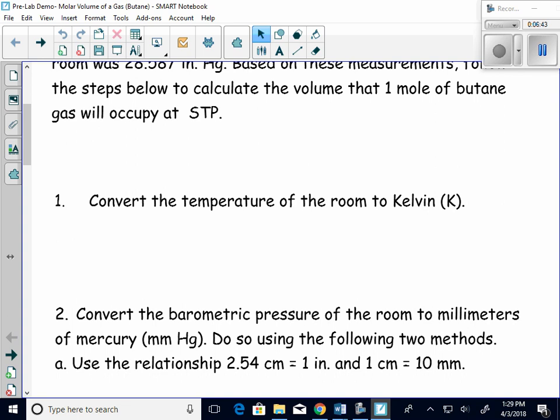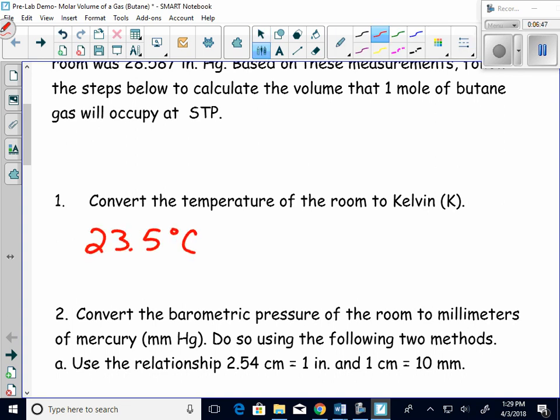Well, it said that we had 23.5 degrees Celsius, right? How do we get that to Kelvin? We add 273.15, right? So my temperature in Kelvin is going to be 296.65.